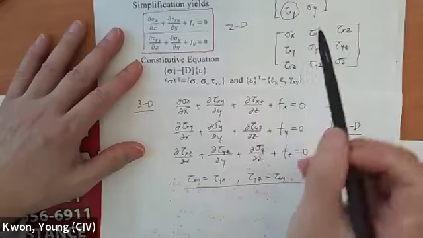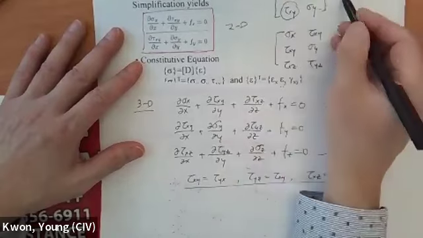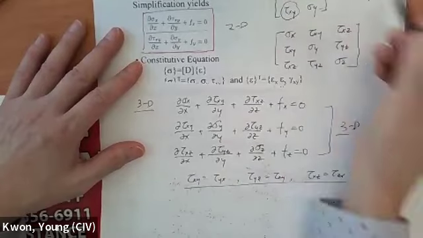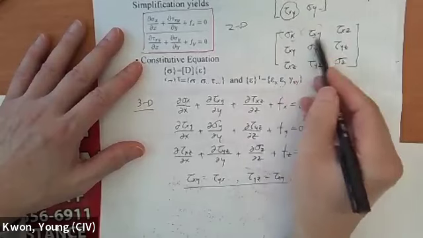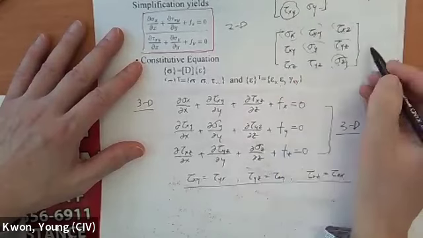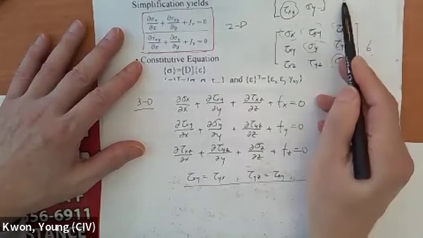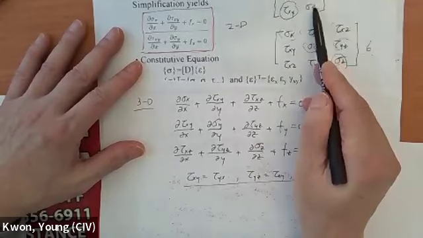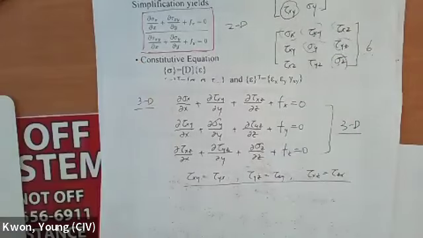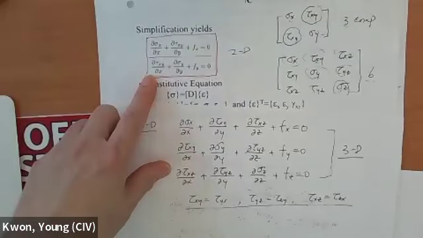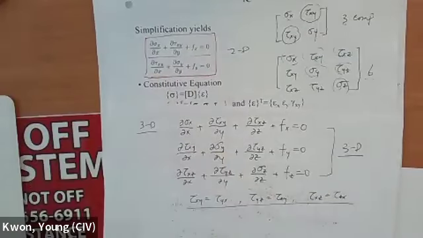In 2D we have 3 components, 1, 2, 3, and here 1, 2, 3, 4, 5, 6, so 6 components because those are symmetric. So 3 or 6 stress components depending on 2D or 3D, and 2 equations for 2D, 3 equations for 3D. What does it mean?